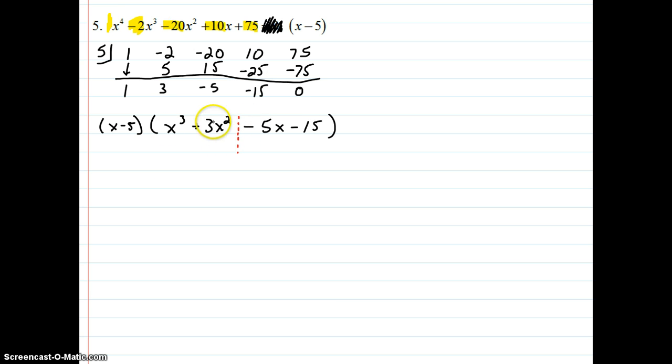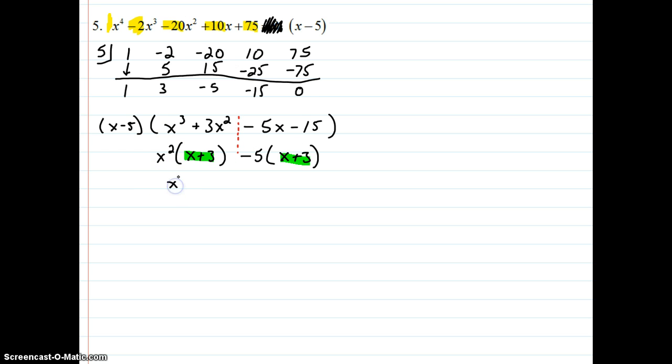So as you look at these two, what do they have in common? You take out the x squared, and we're left with x plus 3. You look at these, what do they have in common? You take out a -5, and you're left with x plus 3. And since these are the same, x plus 3 and x plus 3, that means we can group them.